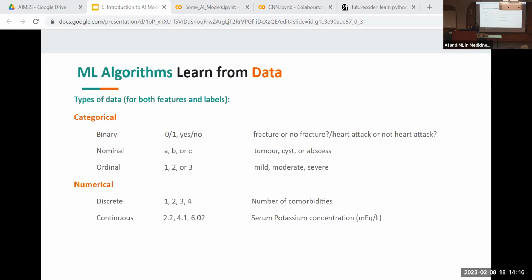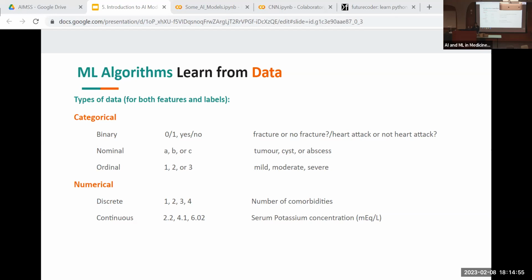And we say that models learn from data, so we need to know more about data and be more specific about what kind of data we feed to our model as an input, or we expect the model to produce as an output. The data can be categorical or numerical, and for categorical, it can be binary, nominal, or ordinal. For binary, an example can be 0 or 1, yes or no, like if the person has COVID or not, if there is a fracture or not, if there is a heart attack or not.